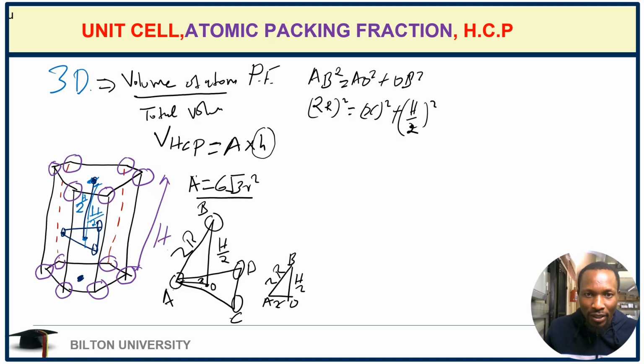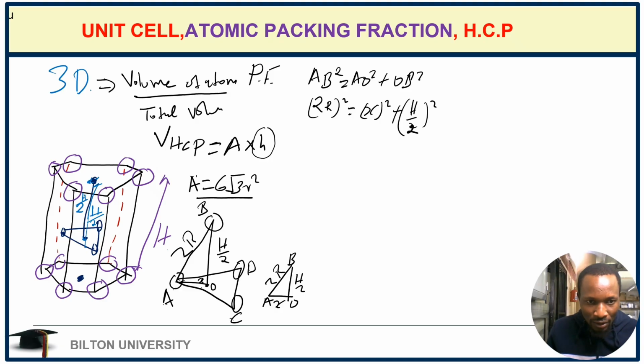So now we don't have x and we're looking for h. So we need to come up with a way in which we can calculate the value of x. So how do we find the value of x? Let's come here and redraw this x in another way. I want us now to consider triangle ACD, this one here.